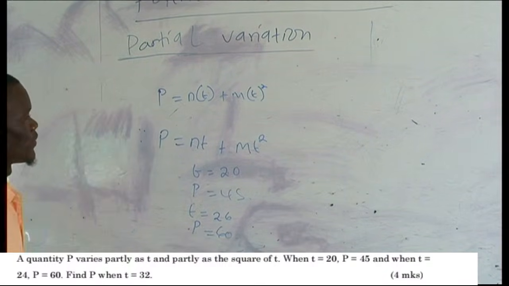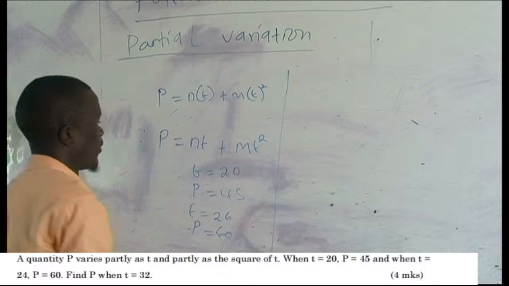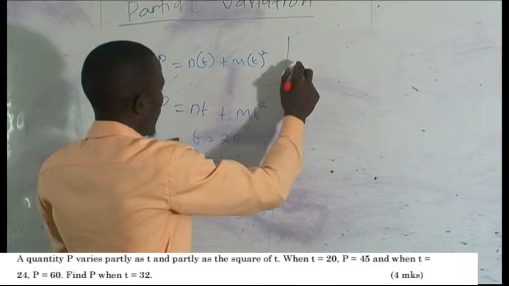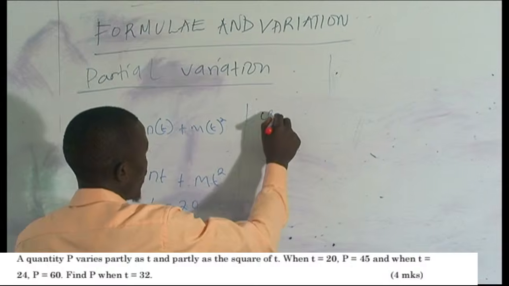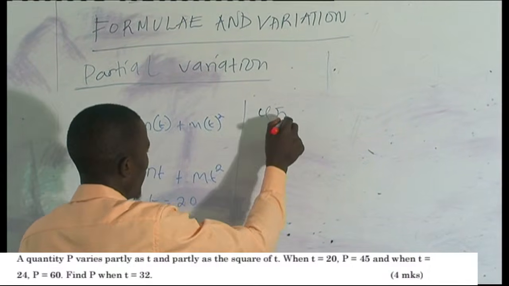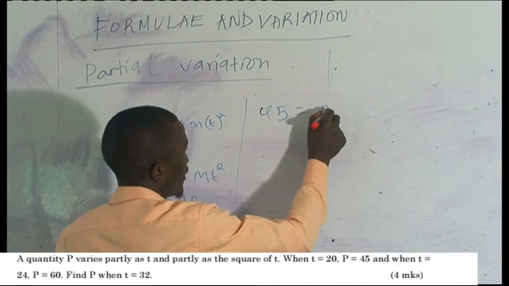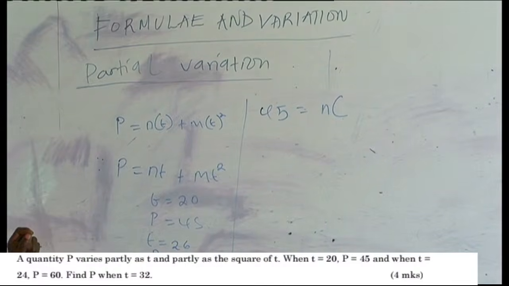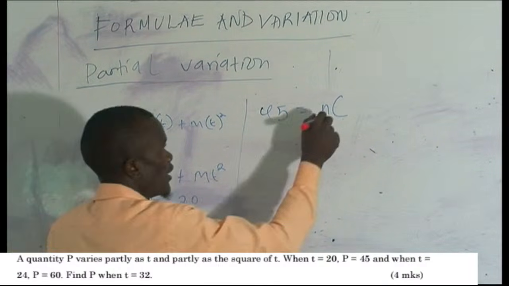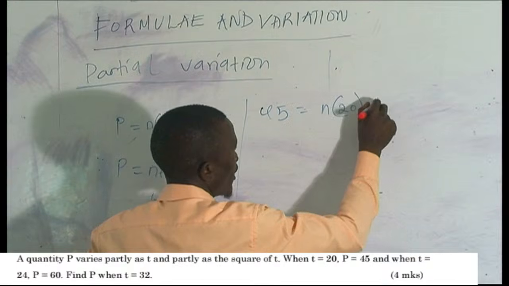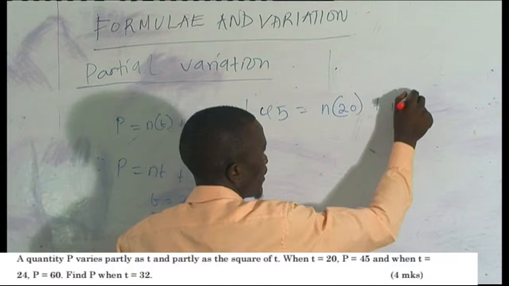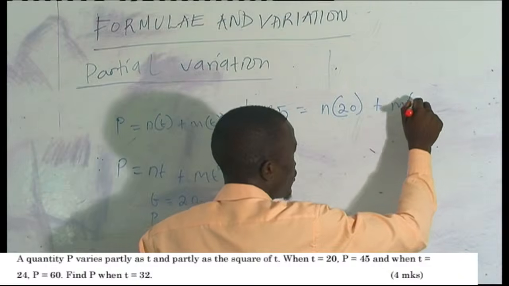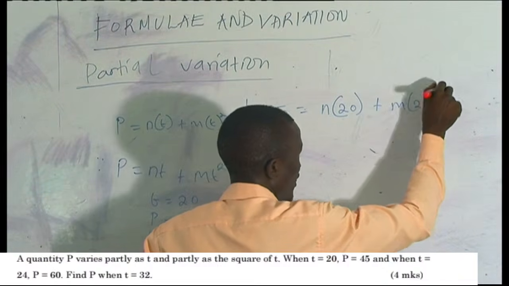Now what do we do? We need to come up with our simultaneous equations. Equation number 1: 45 is equal to n, but where there is t, what do we do? Replace with 20: n into 20 plus m into t squared. Our t is 20, so 20 squared.